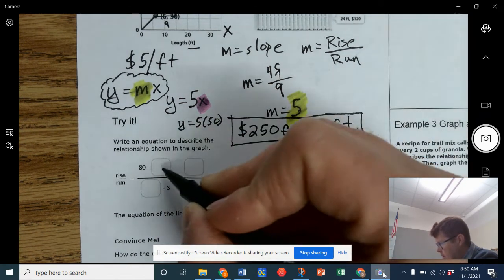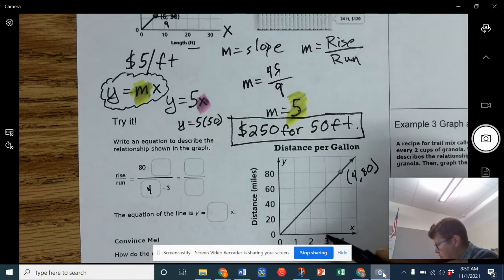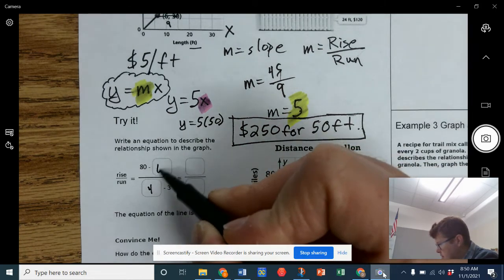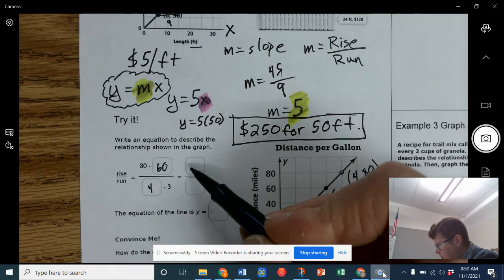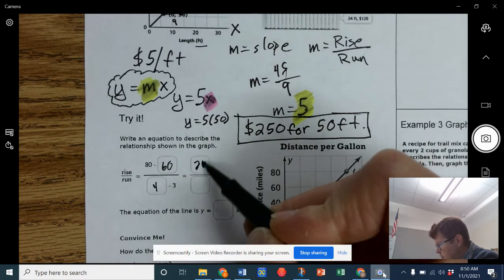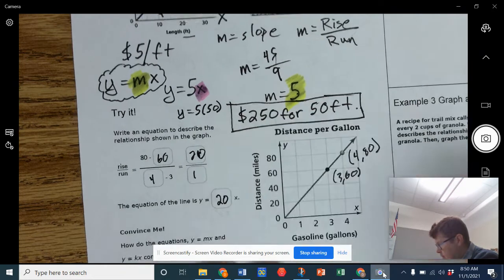So 80 goes here, and 4 is right there. And then we have 3 and 60, which they've already chosen, so it's 60 right there. Then we just subtract them, right? 80 minus 60 is 20, and 4 minus 3 is 1. So the equation is 20 divided by 1, which is just 20.